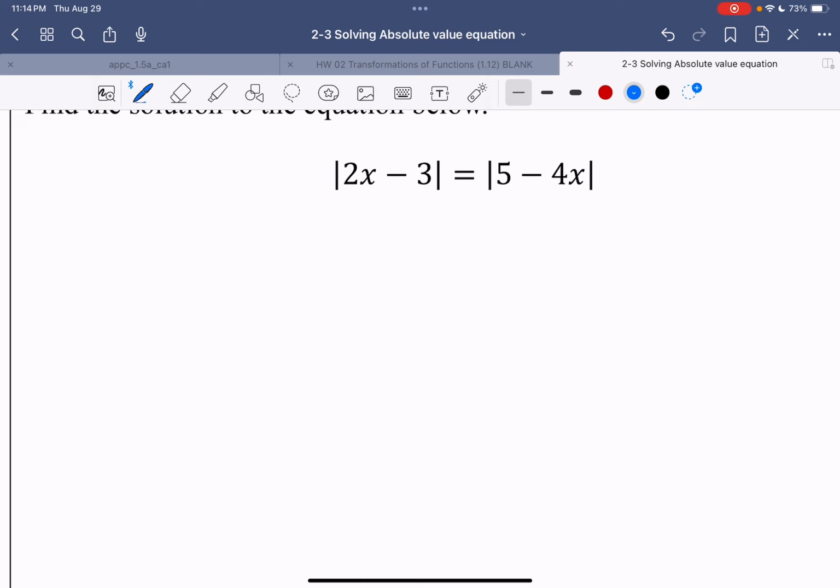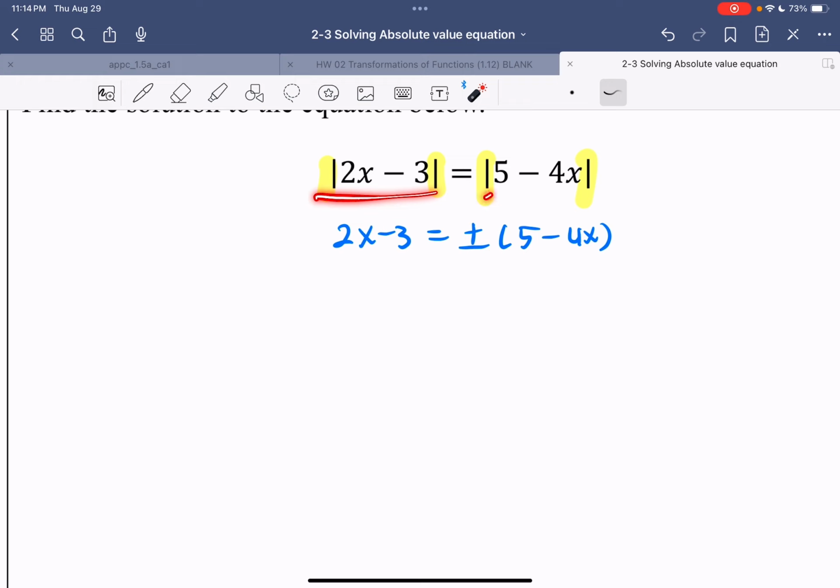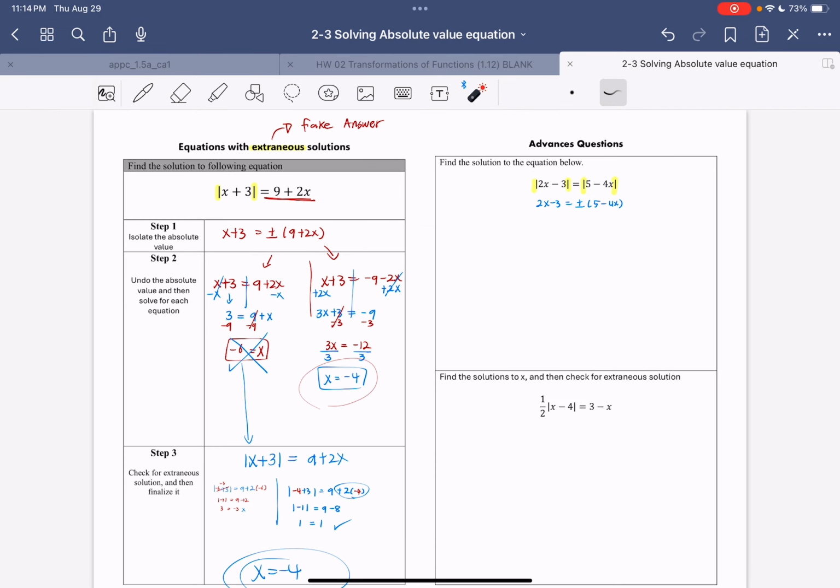So technically, what you can do is you just get rid of this absolute value, all of this, and write it down like this. 2x minus 3 equals, and the other side is still plus or minus 5 minus 4x. That's what you can do. And it does not really matter which side you get rid of, which side you put plus or minus. But I usually put this on the right side because that's what I did here, okay?